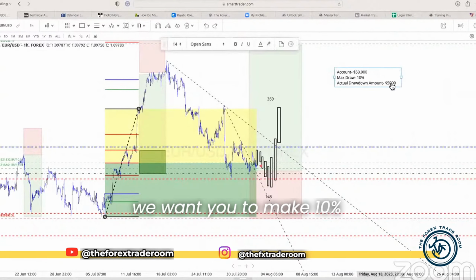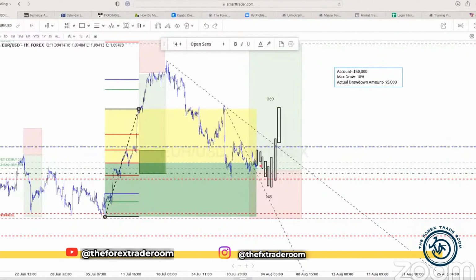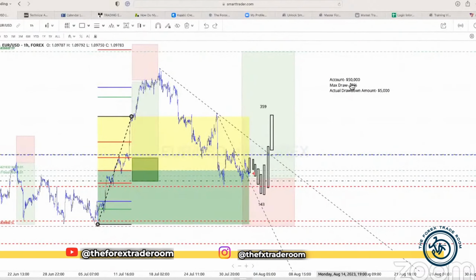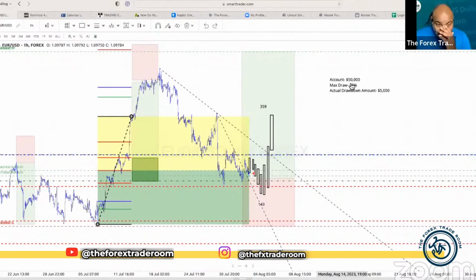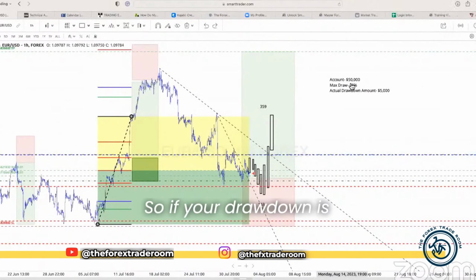If they said, hey, we want you to make 10%, and your drawdown is 10%, say $500, then think about it. If I traded 1% of the 5,000, I wouldn't be able to stay in the game long at all.